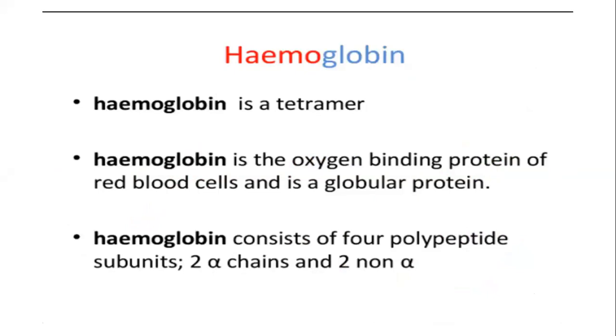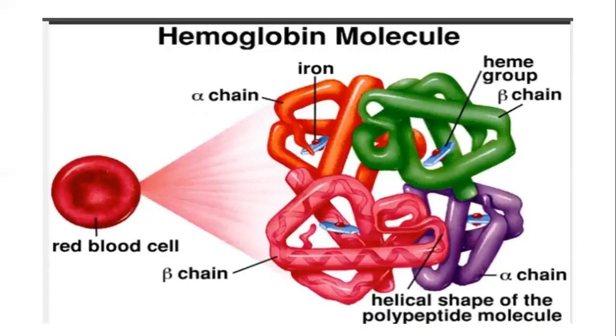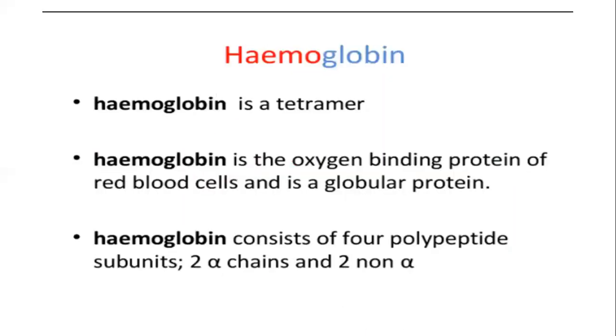So hemoglobin, from what you have just seen, is an aggregation of 4 globin chains, okay? Those 4 globin chains form what we call a tetramer. There are 4 different chains that come together, and those 4 chains form a tetramer.